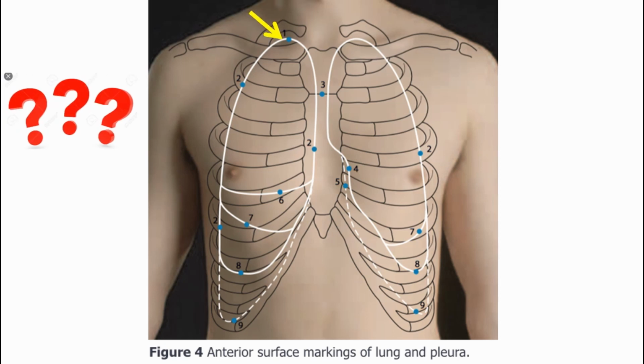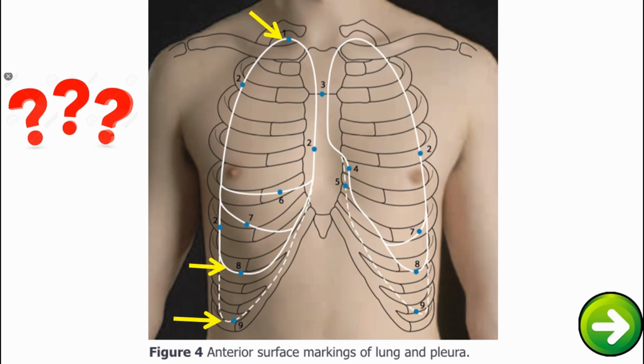What is this arrow pointing at? It is pointing at the apex above the clavicle, so the apex of the lung and the pleura extend above the clavicle, and here is the lower end of the lung, and this is the lower end of the pleural cavity. A question arises here as a conclusion.